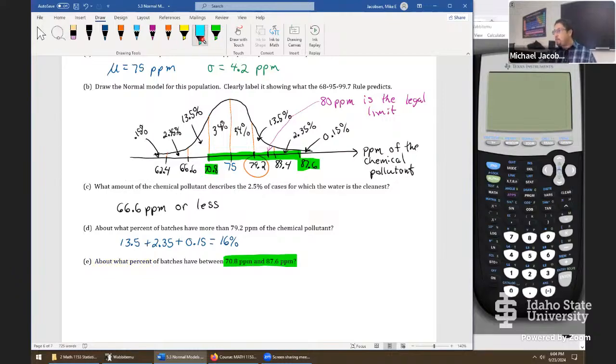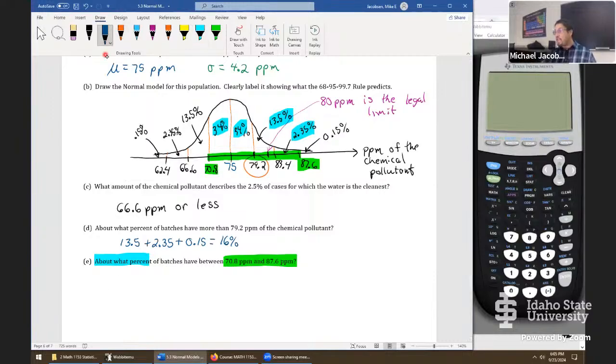Because it's asking about what percent, we will grab above these regions, these percentages. Let's see. And we don't pull the 0.15% because we stopped right at 87.6, which is relative to the 2.35.